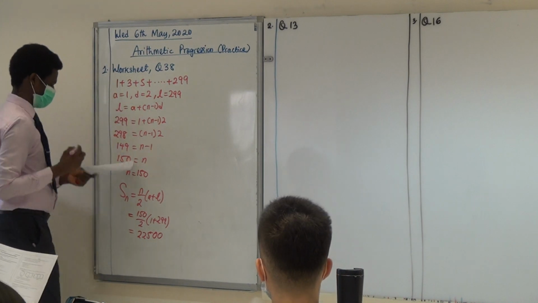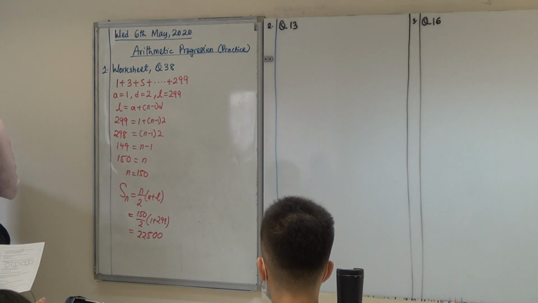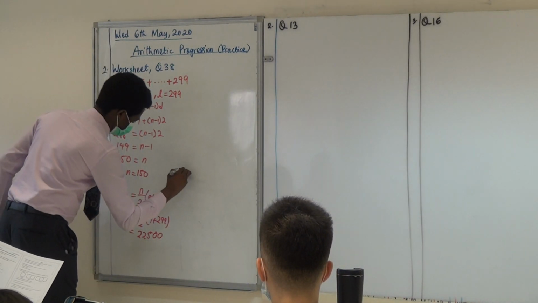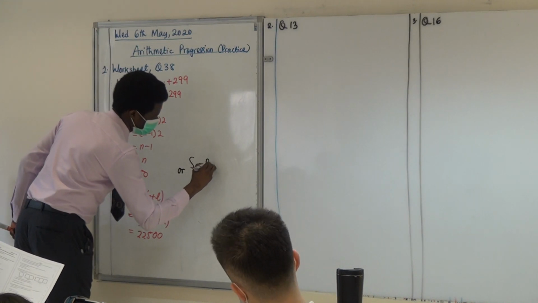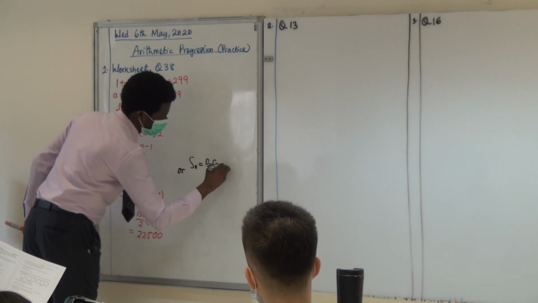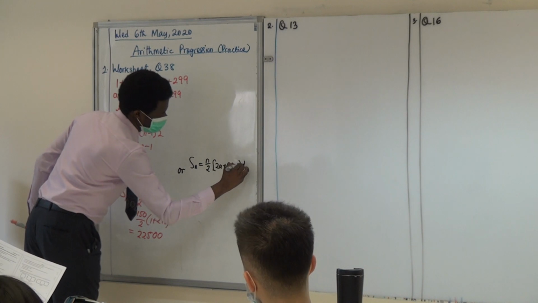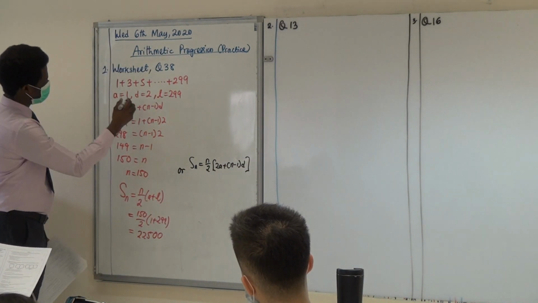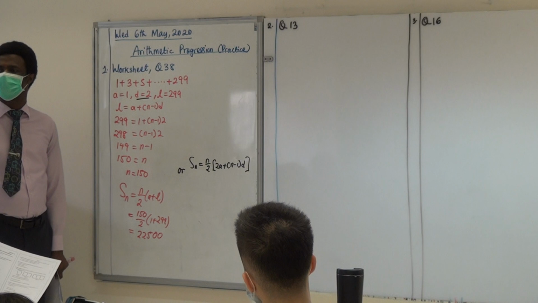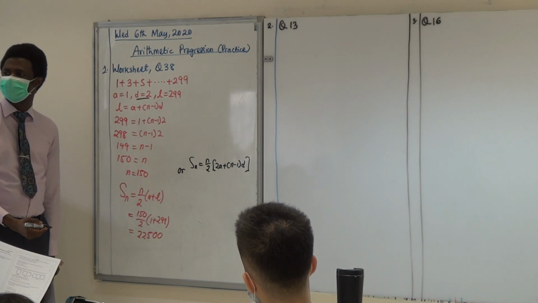If I do not use this, I could actually use Sn = n over 2, (2a + (n − 1)d), because I also know the common difference. So you can use either of the two, right?